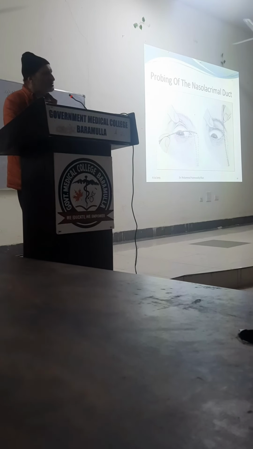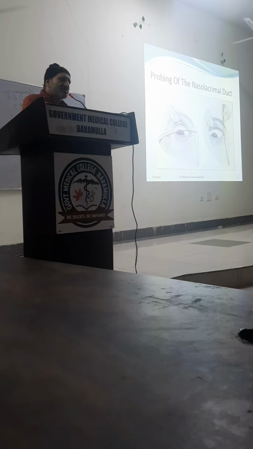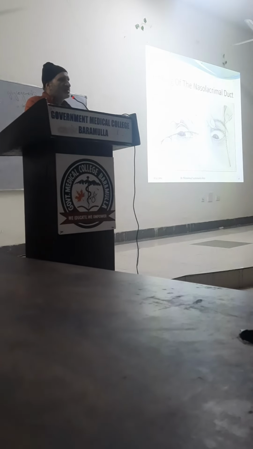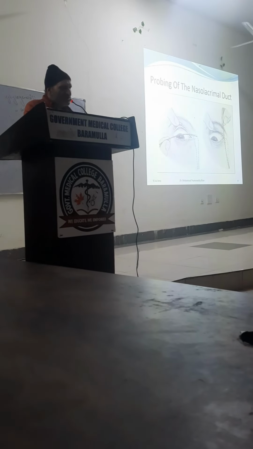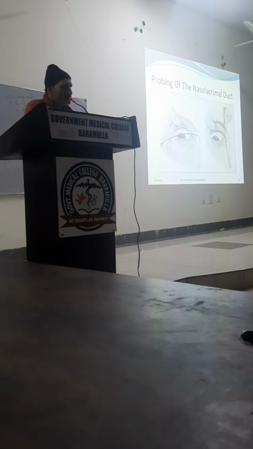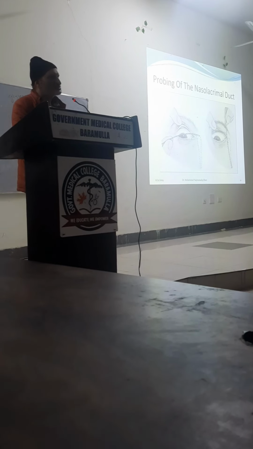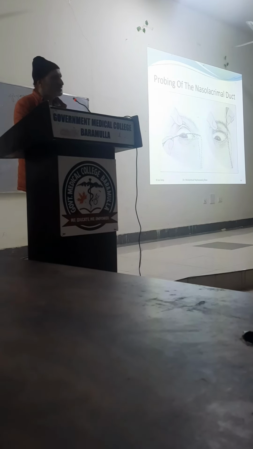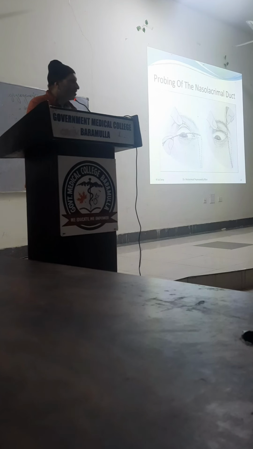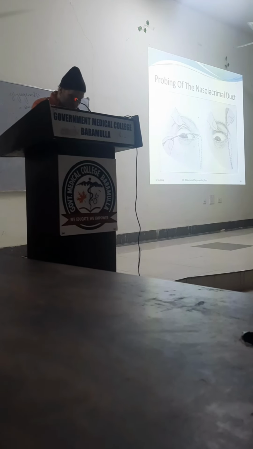Third, in common canaliculus block, there will be clear fluid coming from the upper punctum, while in nasolacrimal duct obstruction, it will be fluid mixed with pus from the upper punctum. I think I made it clear how we can differentiate these.